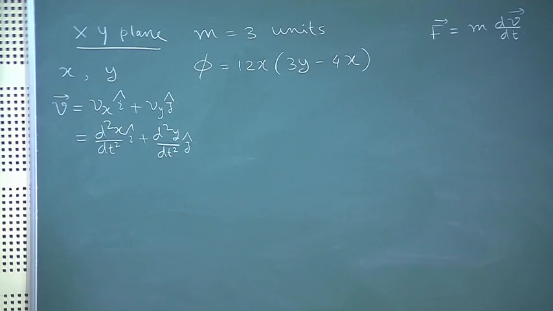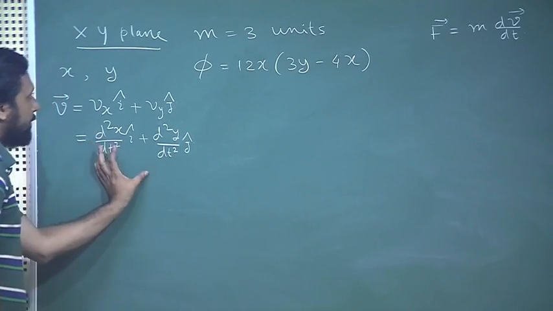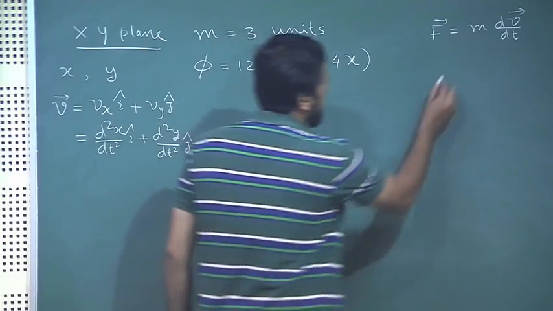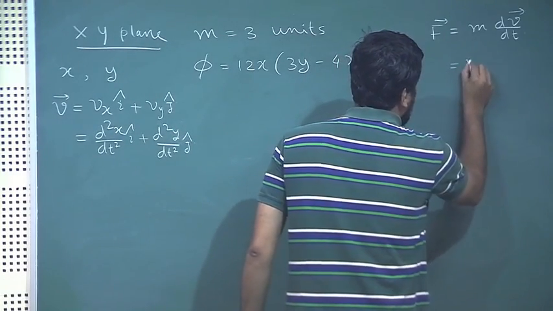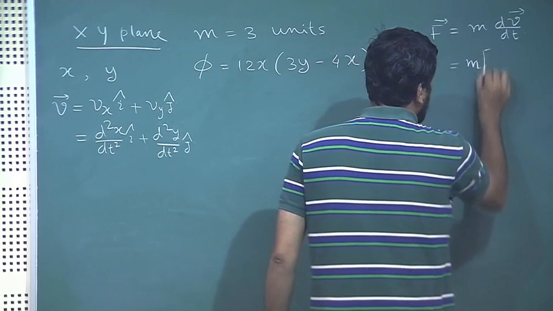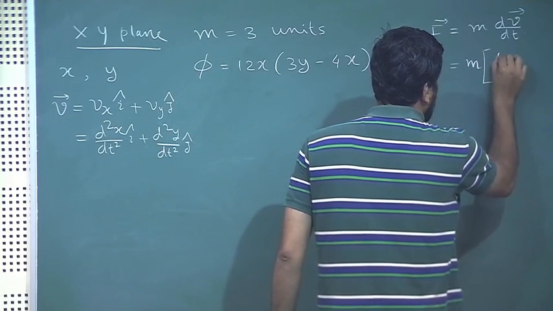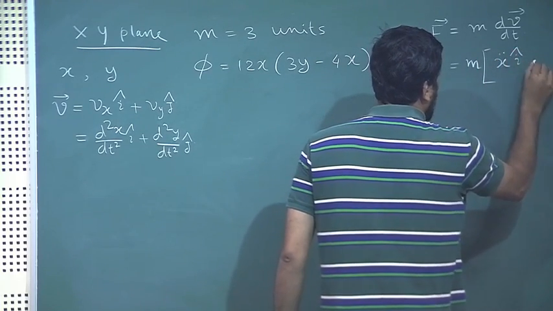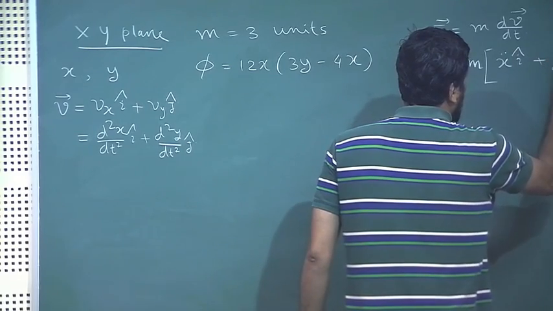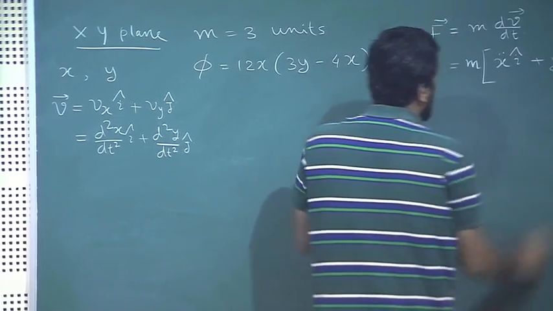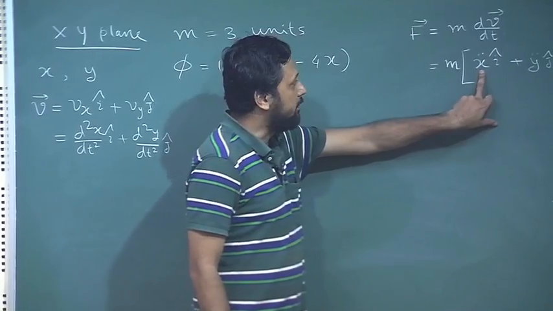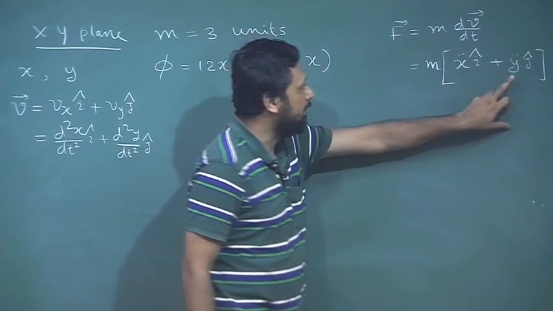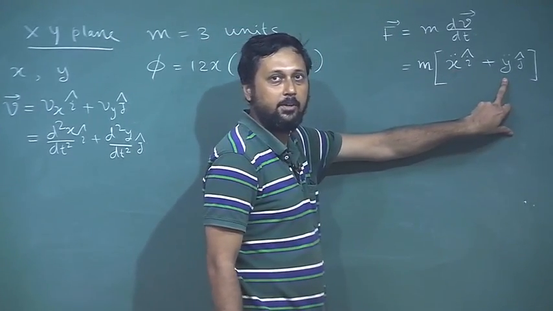If we plug this back into the equation, we get F equal to m times x double dot i cap plus y double dot j cap. X double dot, as you can recall, is the second time derivative of x, and y double dot means the second time derivative of y.